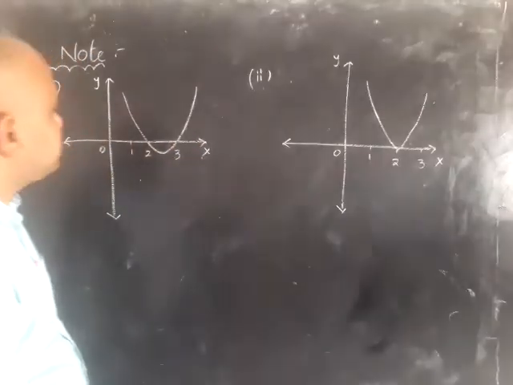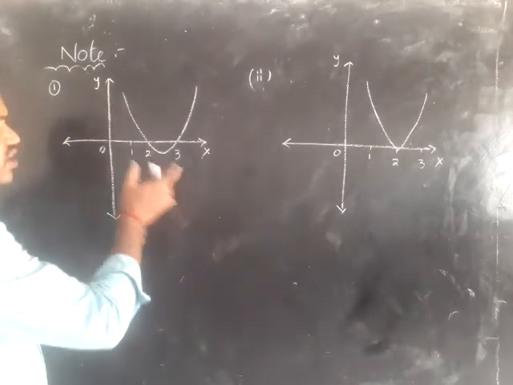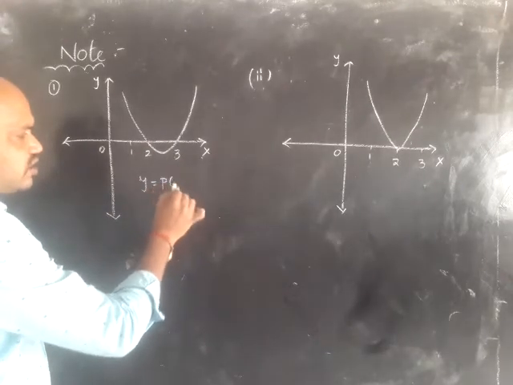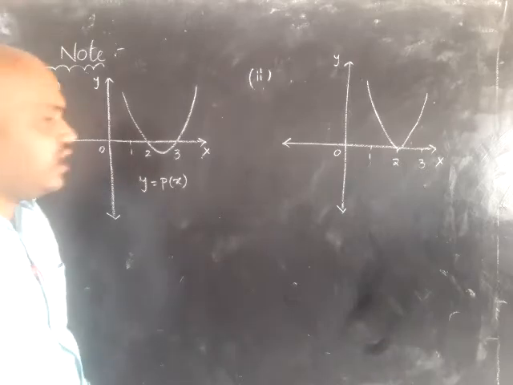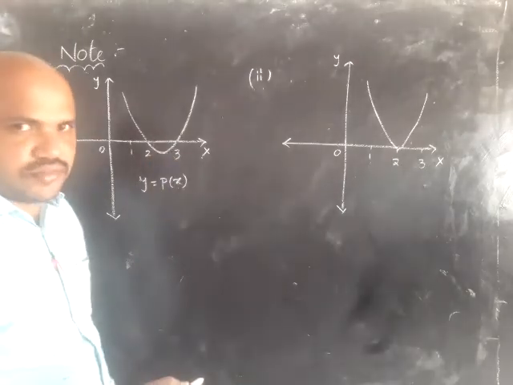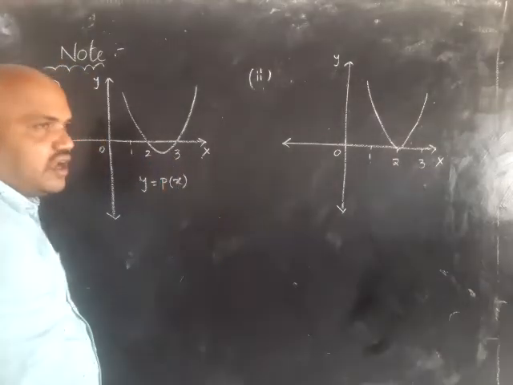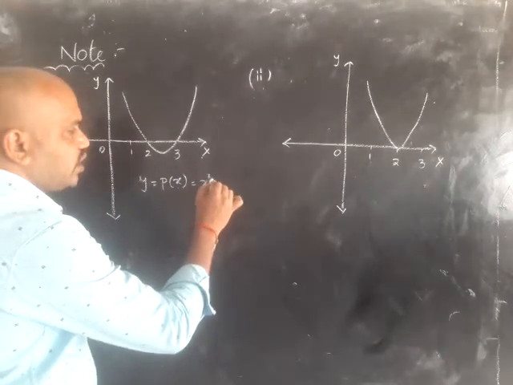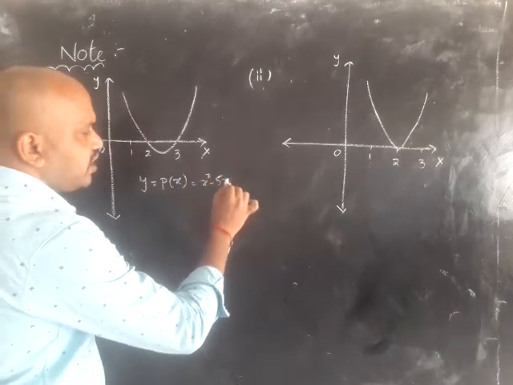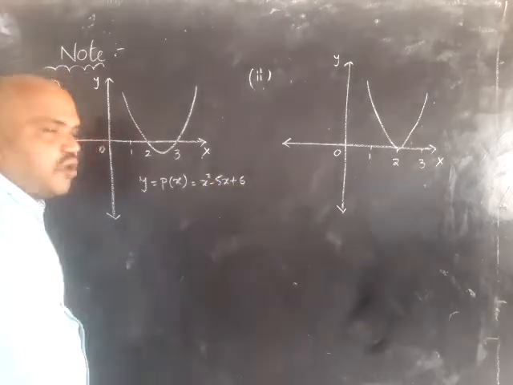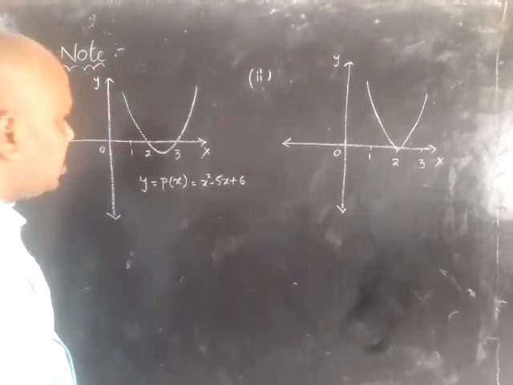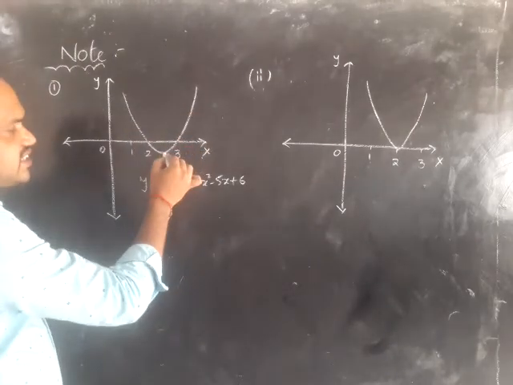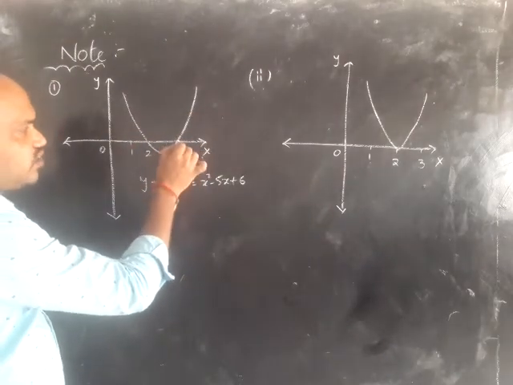So see here, the polynomial in the variable x, it is a polynomial x square minus 5x plus 6. This polynomial will have two zeros. Now the two zeros intersect the x-axis at two different points.